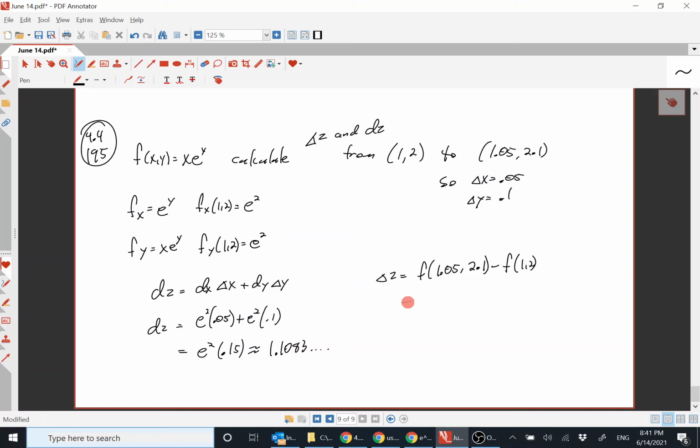So that's 1.05 times e to the 2.1 minus e squared.